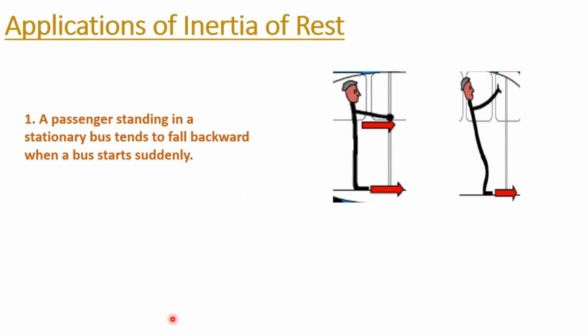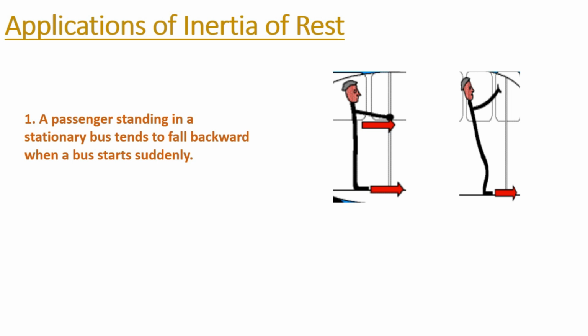Rest state. But when the bus starts suddenly, the bus will come in which state? Motion. And the passenger's lower part, the passenger's feet, which are in contact with the floor of the bus, will also come in which state? Motion.